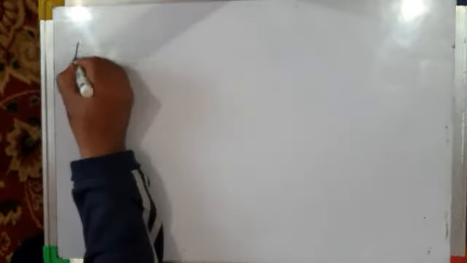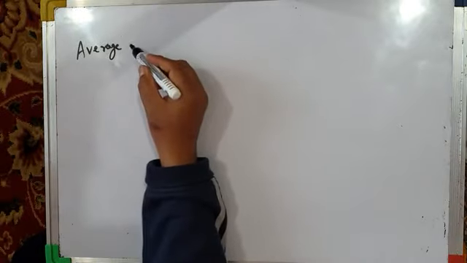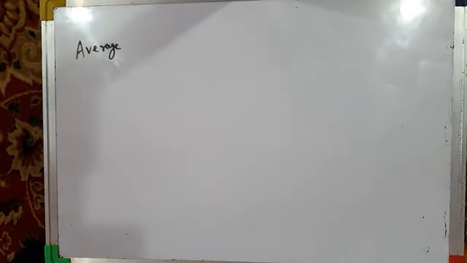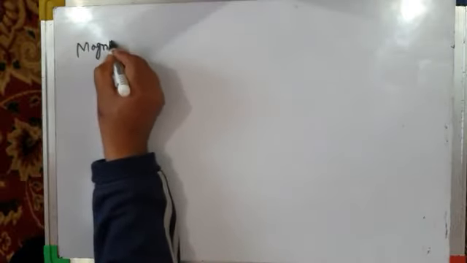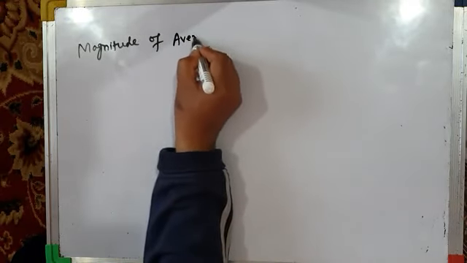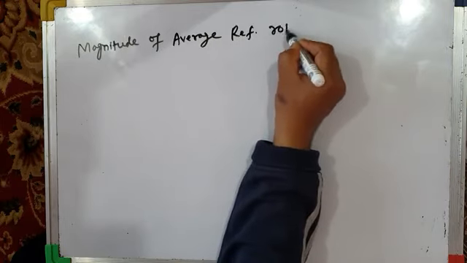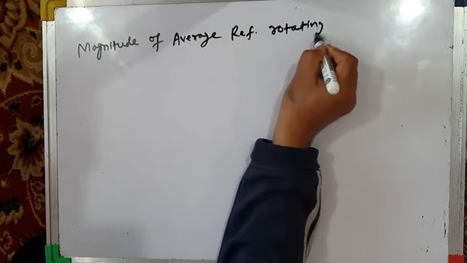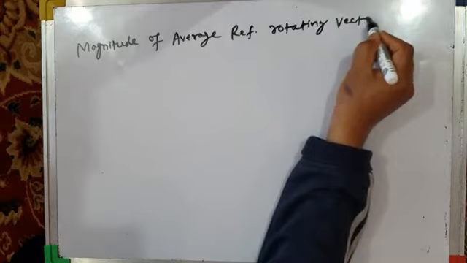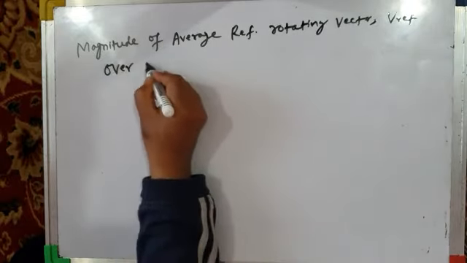Okay, so the first point that we are going to discuss is the magnitude of the average reference rotating vector Vref over a line cycle.